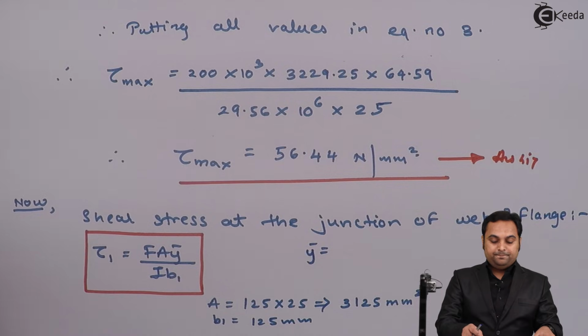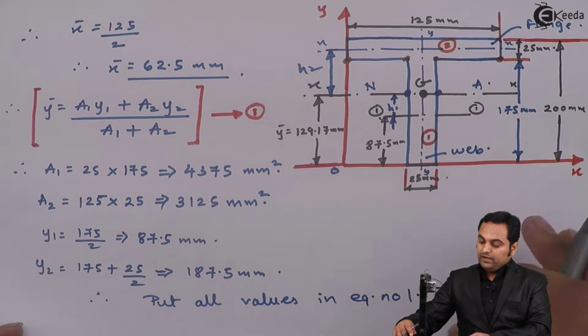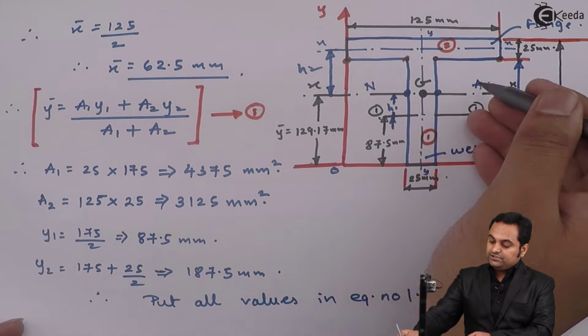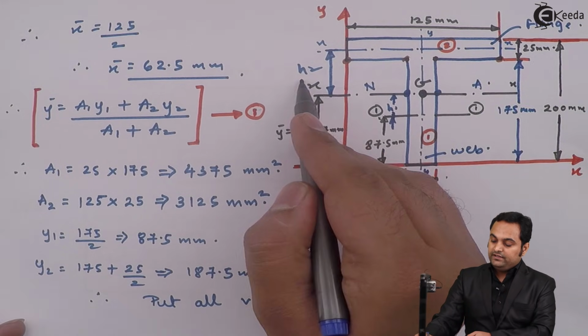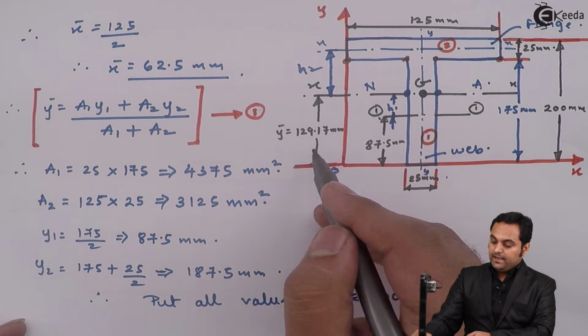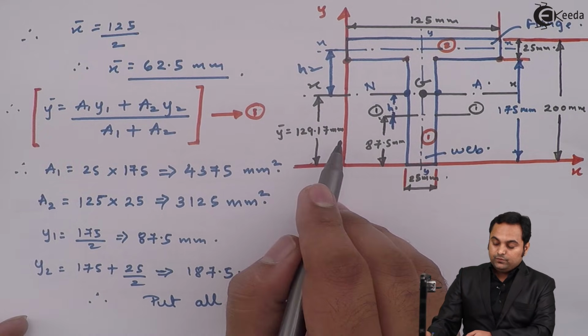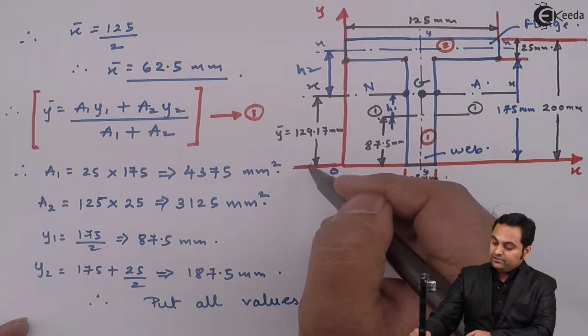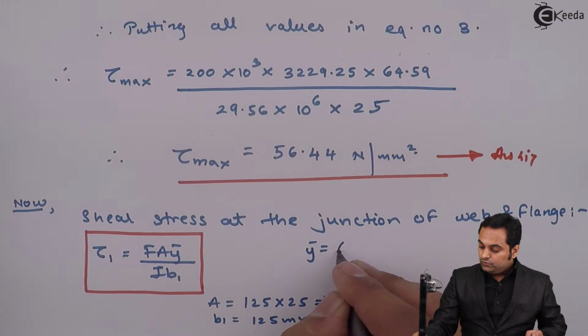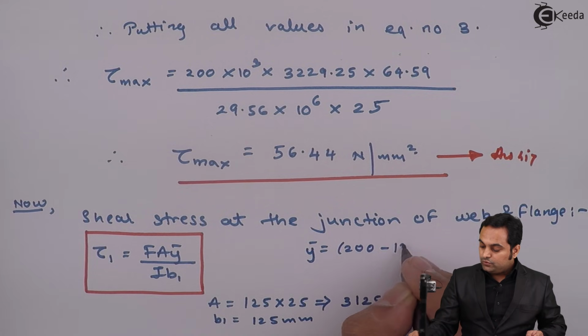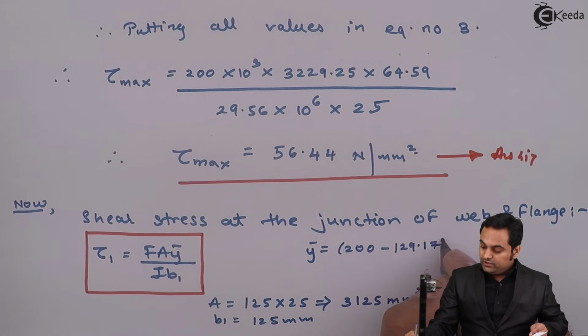Y bar means here we want to know the distance between the neutral axis and the x axis for the second rectangle, that is this height h2, and it is 129. It was from 200. First I'll subtract 129.17. So 200 minus 129.17.